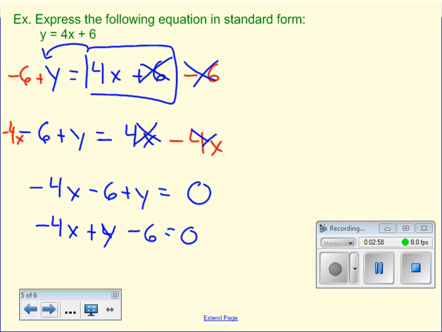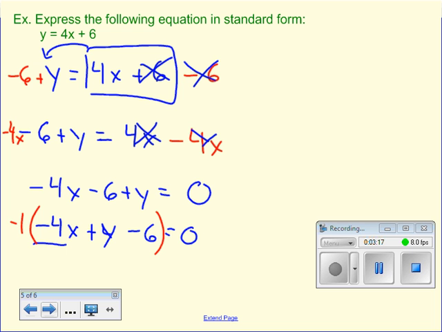But as I said before, this term has to be positive. So to make this positive, I just have to multiply it by a negative, because two negatives make a positive. So I'm going to multiply this whole term by negative 1.